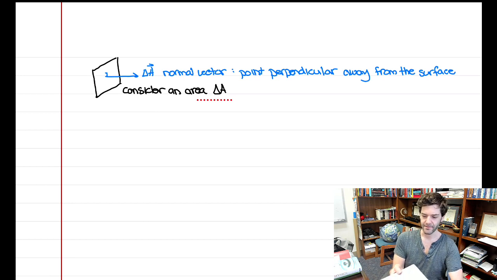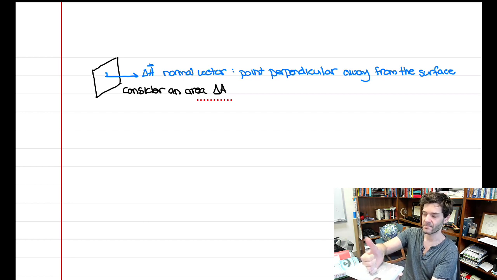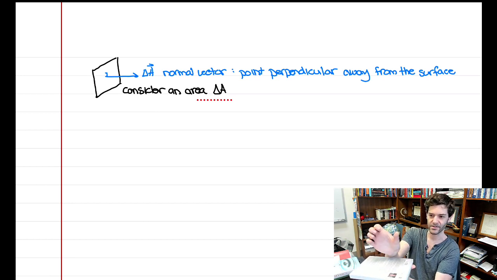But then, when you're talking about rotation, we had a vector that pointed perpendicular to the surface. I can imagine my thumb being this vector that points perpendicular to the surface, and if I use my right hand and that thumb, then my fingers curl in the direction of rotation.